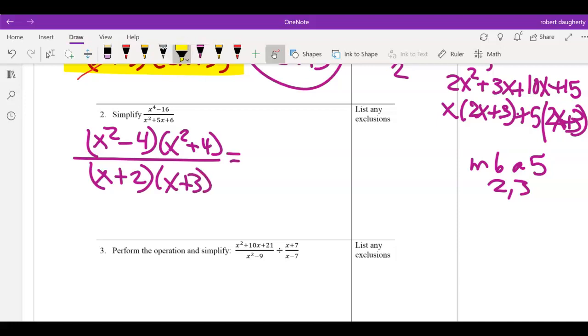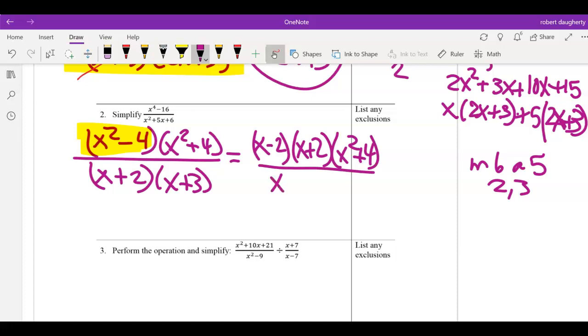And now you know factoring, that is the difference of 2 squares. So I can go further. This is x minus 2, x plus 2, x squared plus 4 over x plus 2, x plus 3. Are there any exclusions? Yes, there are exclusions: x cannot be -2 or -3.